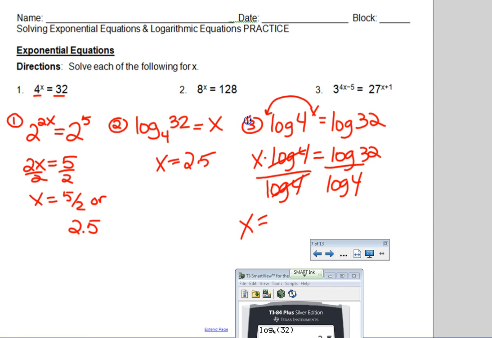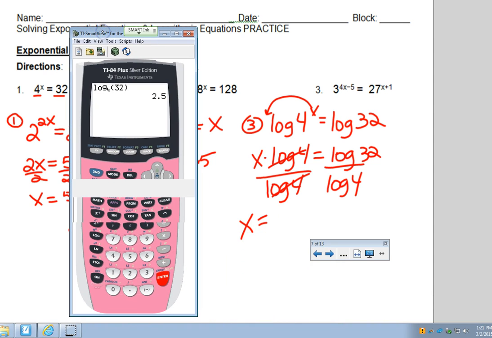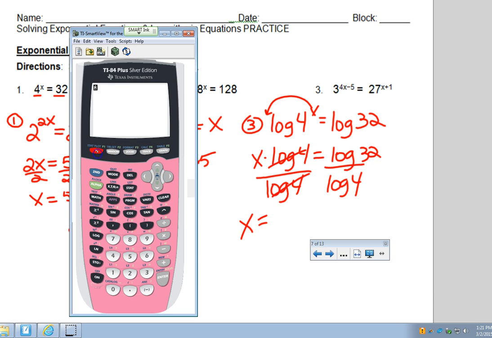And then if you do this in your calculator, you have log of 32 divided by log of 4, and you still get 2.5.